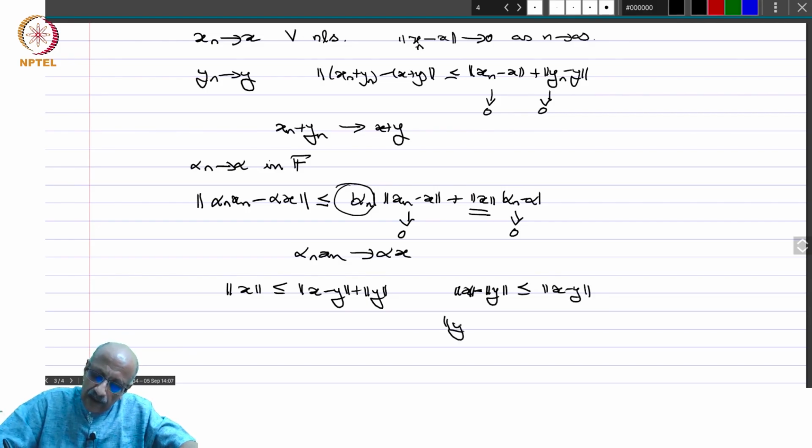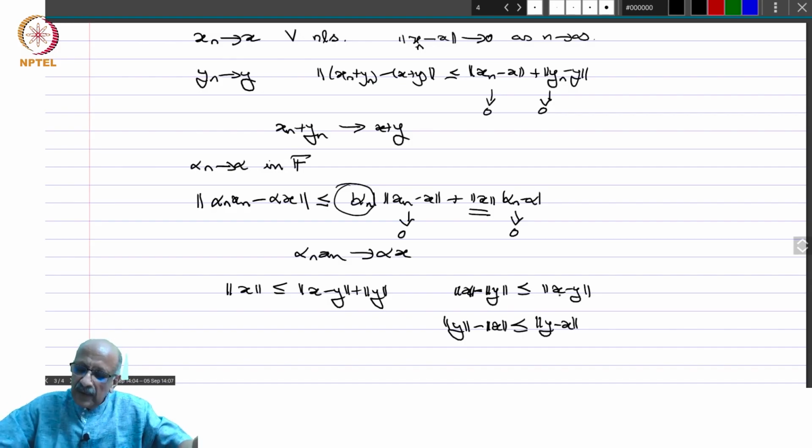Similarly, norm y minus norm x is also less than or equal to norm of y minus x, but y minus x is minus of x minus y, and mod of minus 1 is 1, and therefore this is just norm of x minus y again.